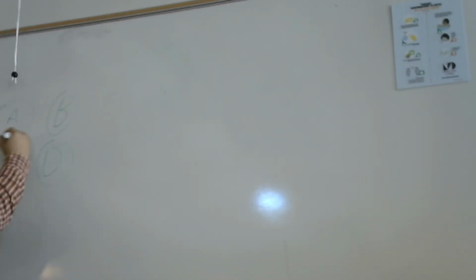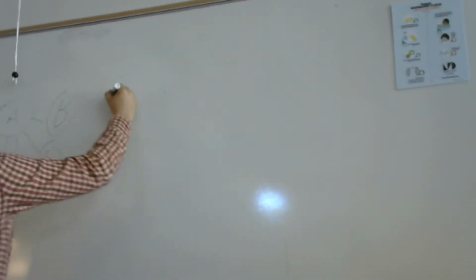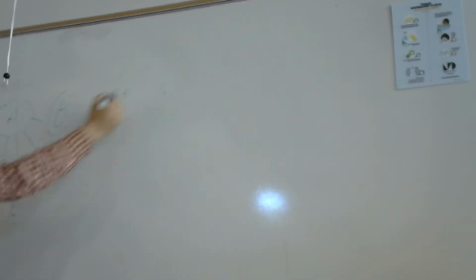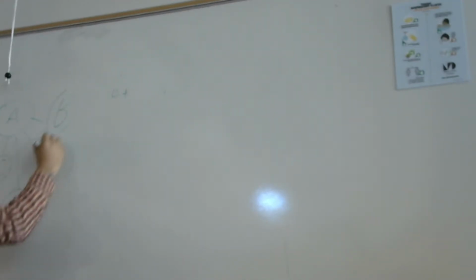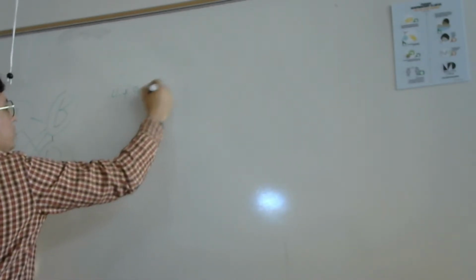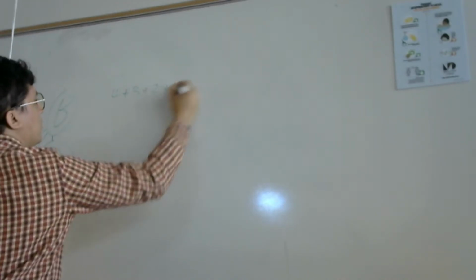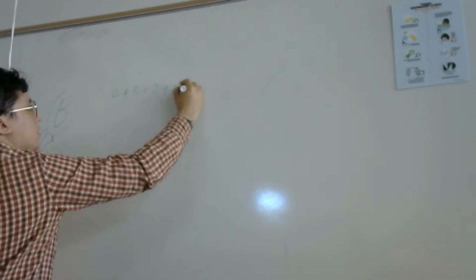So let's count them. 1, 2, 3, 4, so 4 plus 3, plus 2, plus 1, which is 10. So this is 10 calculations I have to do. That's my optimal way.